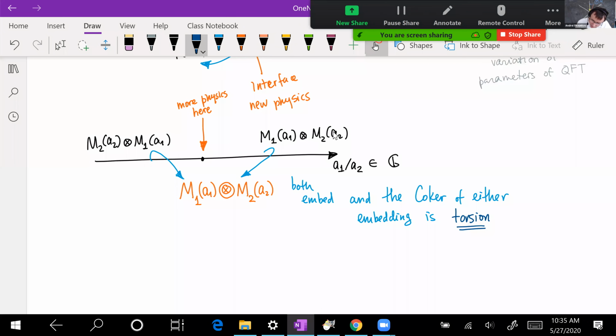So this is a free module, a module over polynomials in A1 and A2. It's a free module here, a free module here, and this is also a free module. But this embedding has a co-kernel. That co-kernel is annihilated by some power of an expression, like h to some large power. If this is the bad point, something like this will annihilate this module.